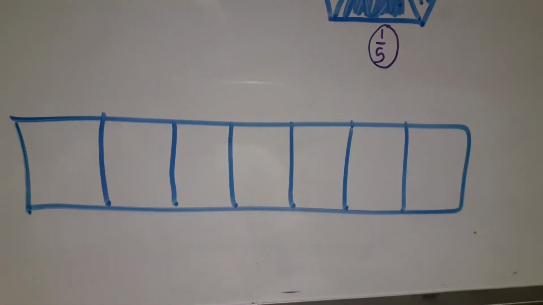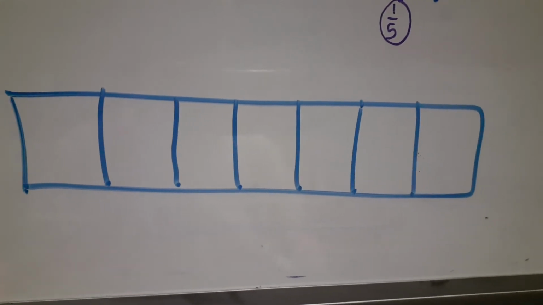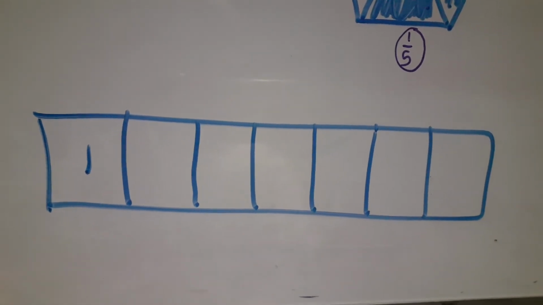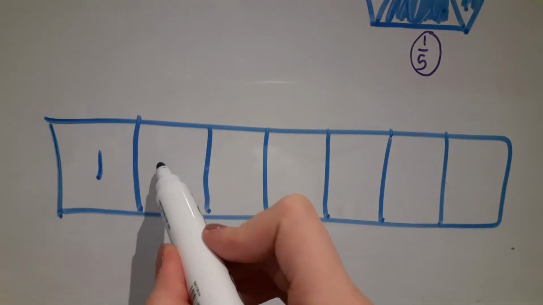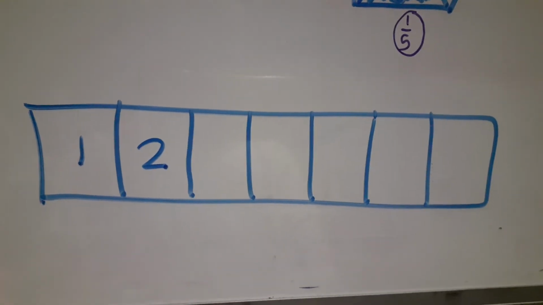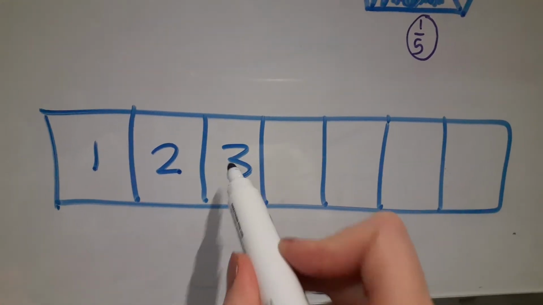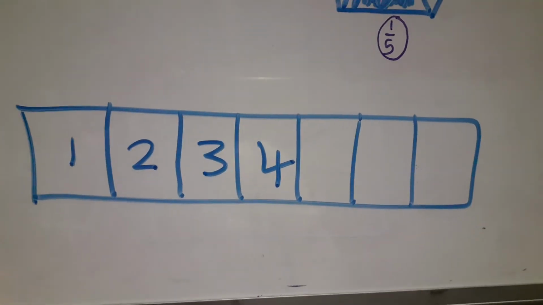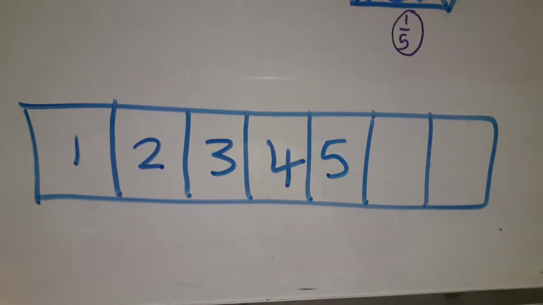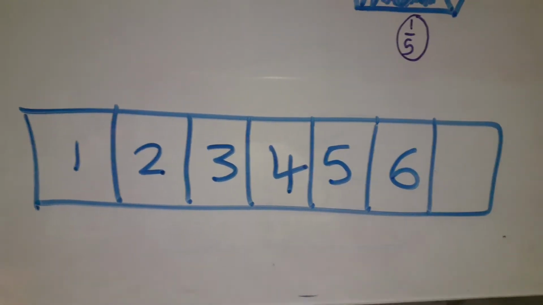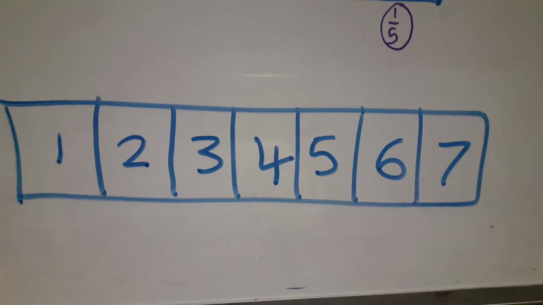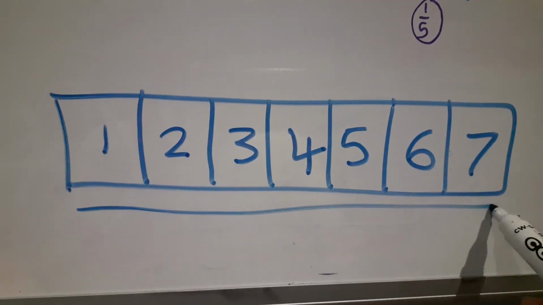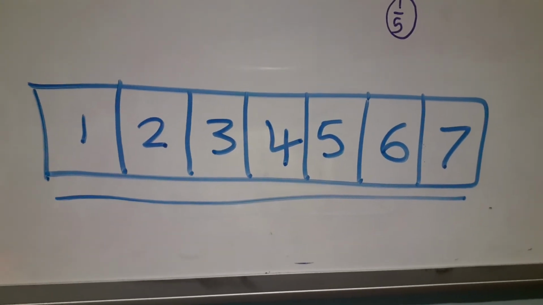So if each child gets 1 piece of chocolate and there's 7 children, we have 1 piece of chocolate for the first child, 1 for child number 2, 1 for child number 3, 1 for child number 4, 1 for child number 5, 1 for child number 6, and 1 for child number 7. So that means we have 7 pieces of chocolate.